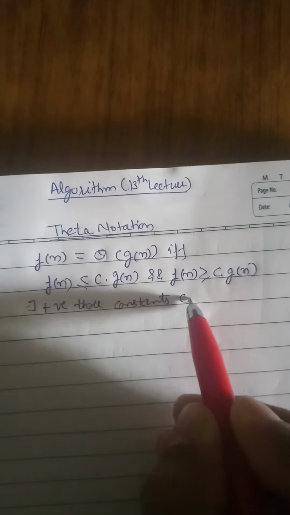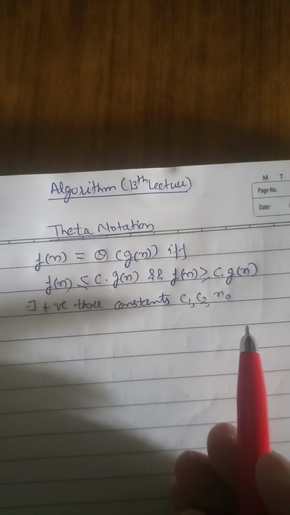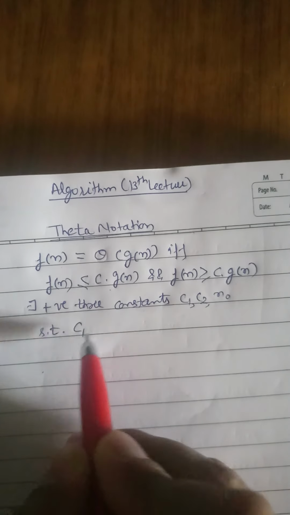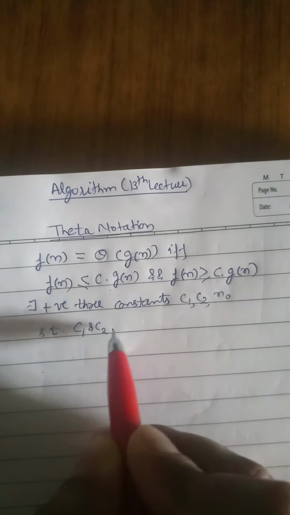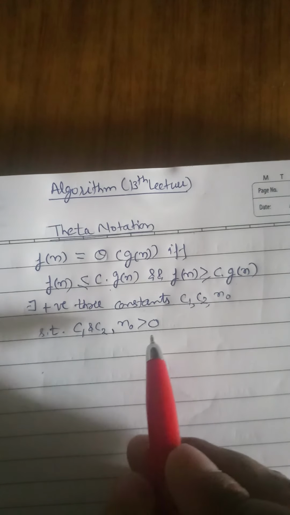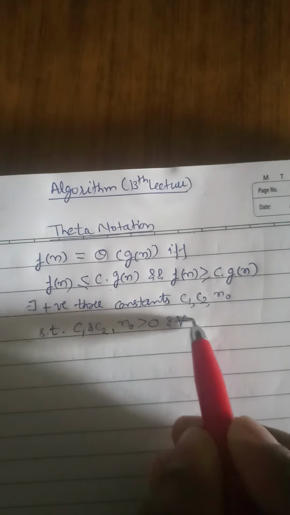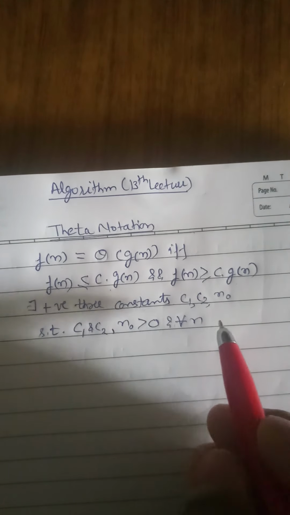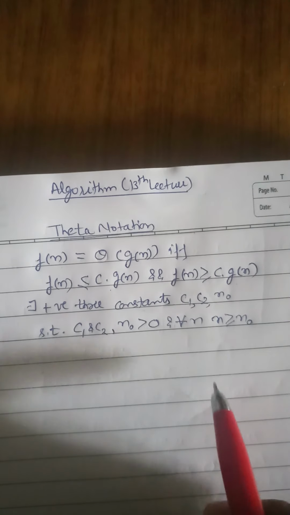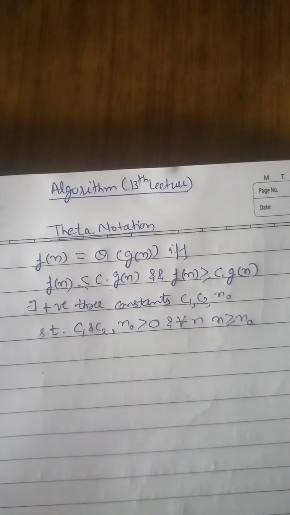They are c1, c2 and n0, such that c1, c2 and n0 are all greater than 0, and for all n greater than or equal to n0.